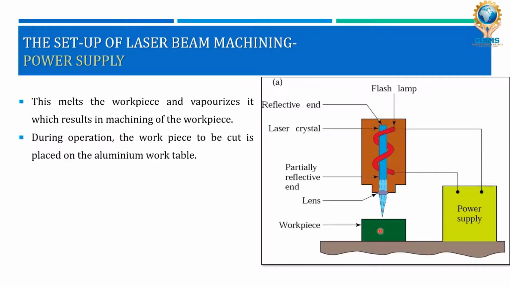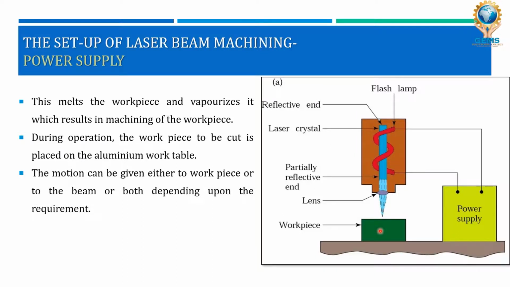During operation, the workpiece to be cut is placed on the aluminum work table, and the motion can be given either to the workpiece or to the beam, or both, depending upon the requirement. According to the requirement, you can move the workpiece for the desired machining surface, or you can move the laser beam.